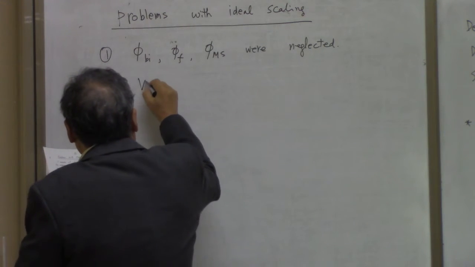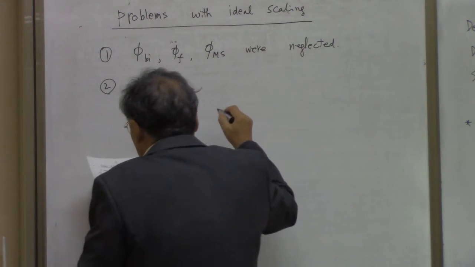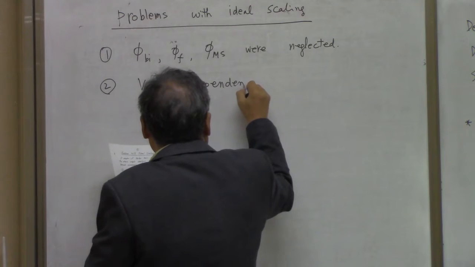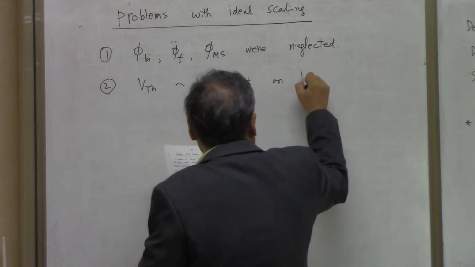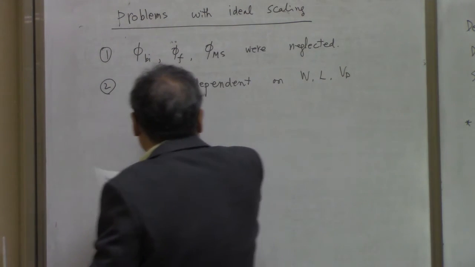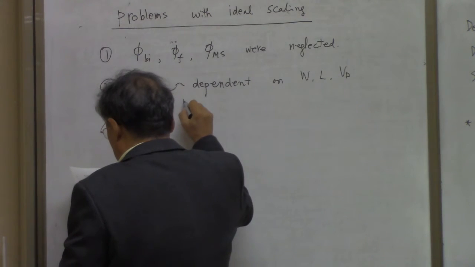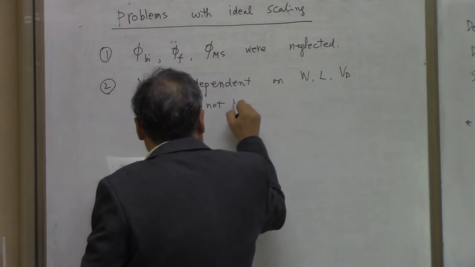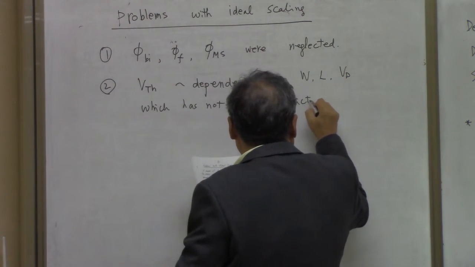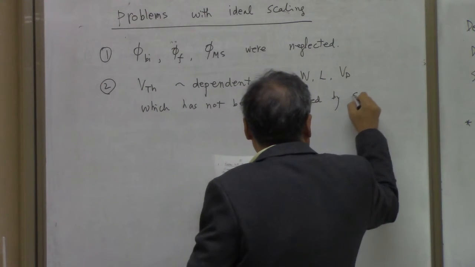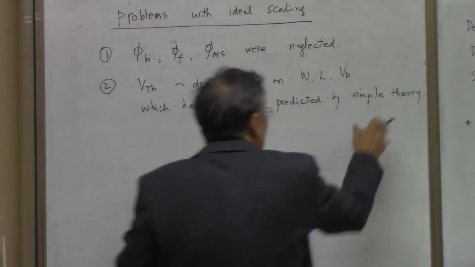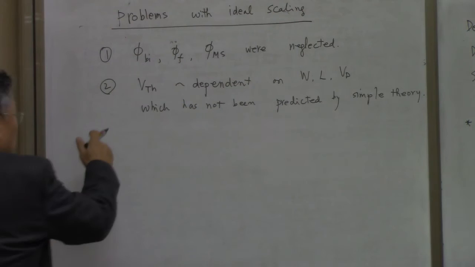And threshold voltage is going to be dependent, we have seen this, right? It's going to be dependent on W, L, and drain voltages, which cannot be predicted by simple theory. So we have discussed this, right?